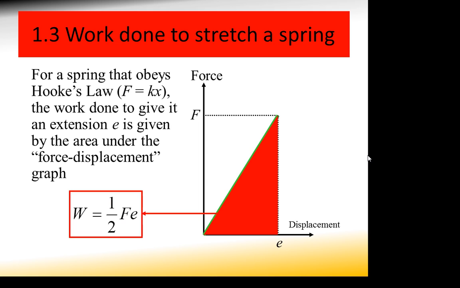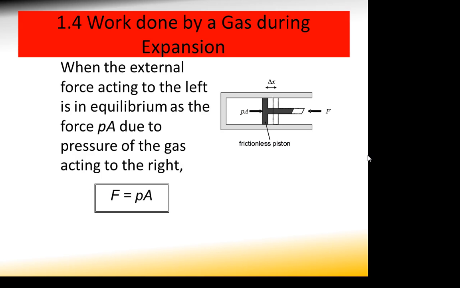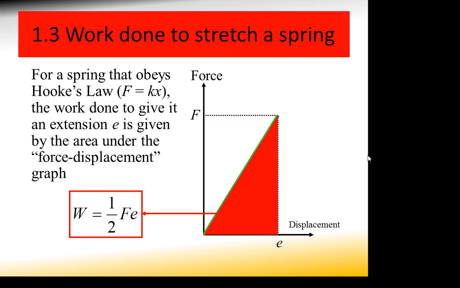And the work you do goes into the energy of the spring. So we say that the elastic potential energy of the spring is half kx, or half Fx, or half Fe, the same thing. Here e is equal to x. So that's for a spring.